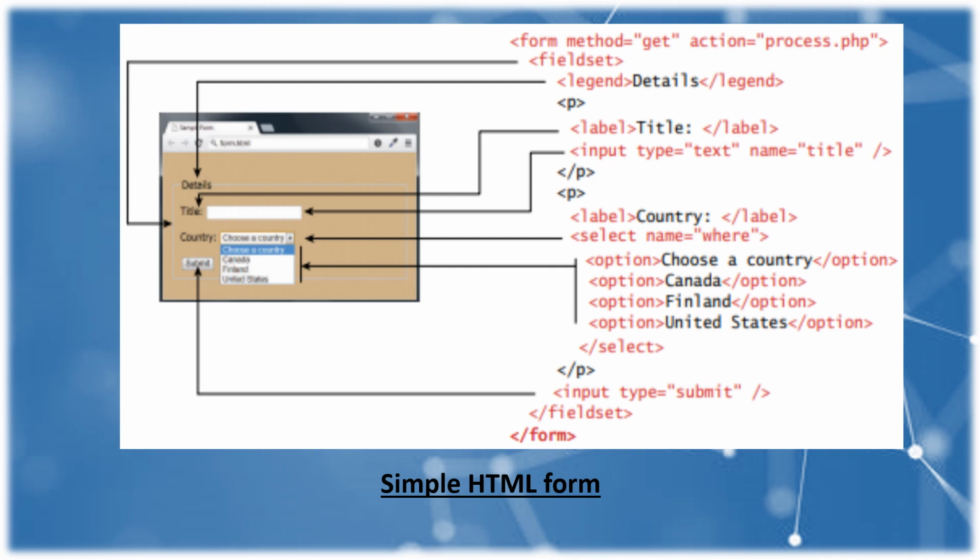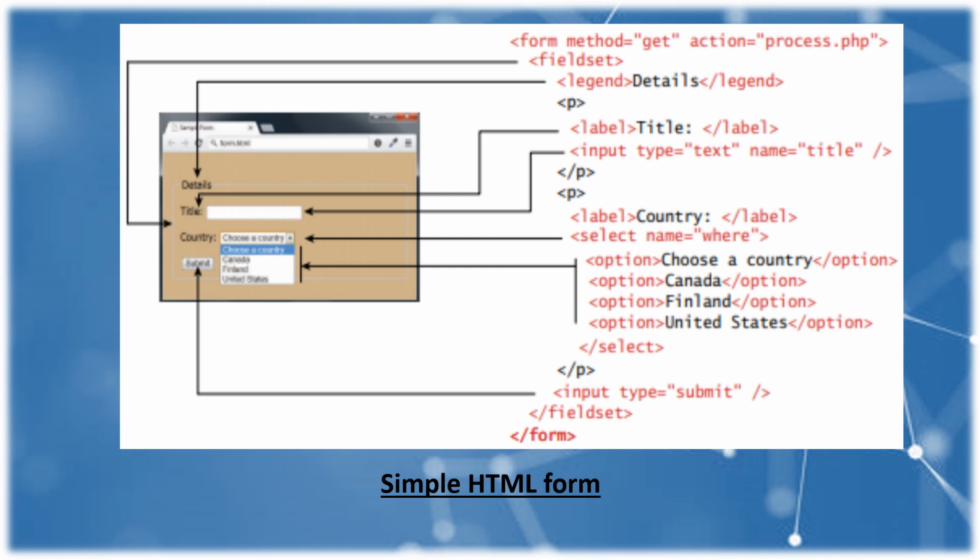In that we have a label which is a title for the below figure. Input type equal to text, that is we can type the title inside that empty box.